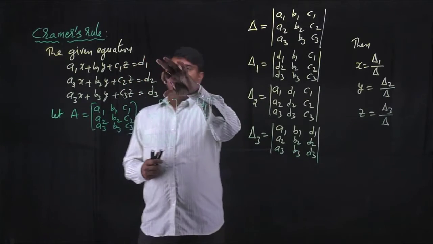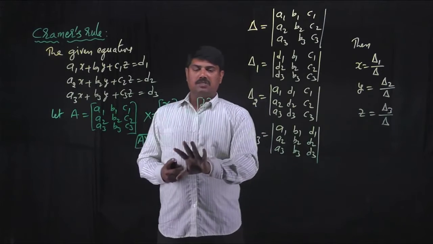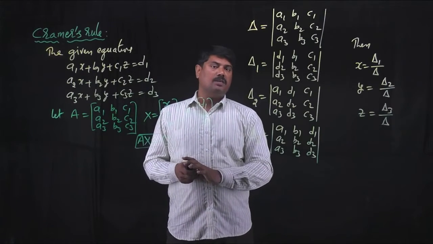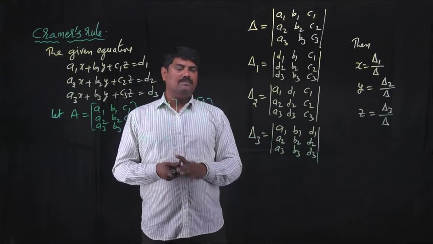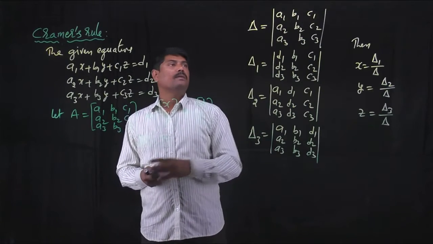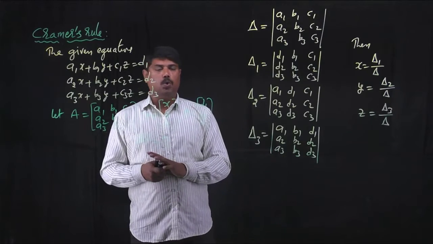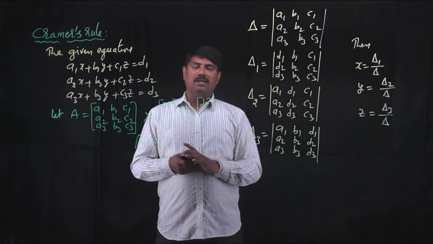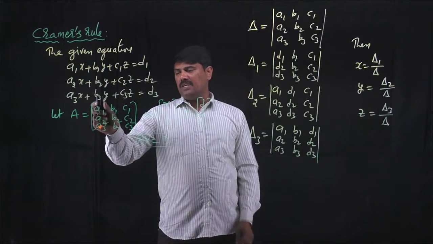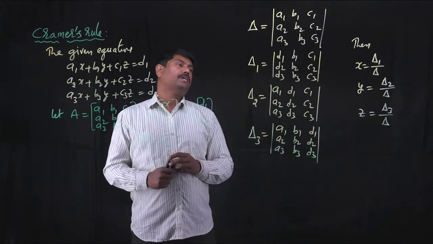For given non-homogeneous equations, first you have to construct matrices using the matrix equation AX is equal to D. Later you have to find four determinants of 3 by 3 matrices. The first one is denoted by delta, which is the determinant of the coefficient matrix. The second one is denoted by delta 1, which is obtained by replacing the first column of the coefficient matrix with the constant matrix d1, d2, d3.